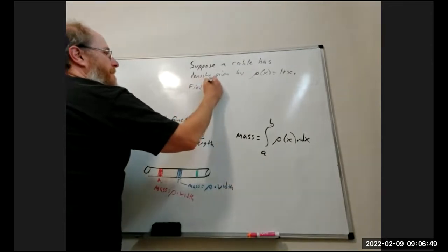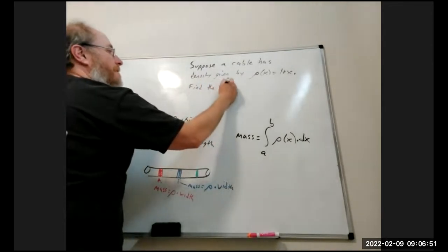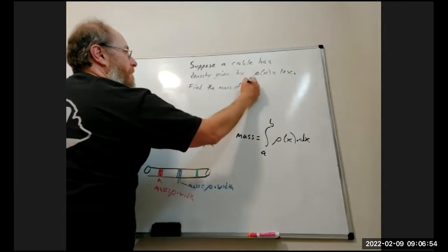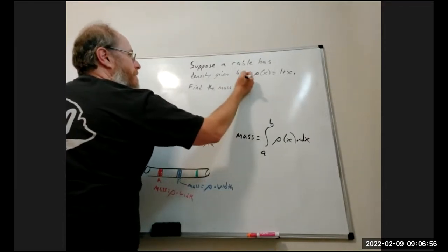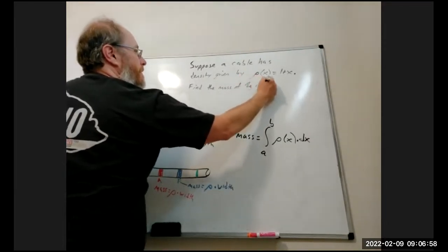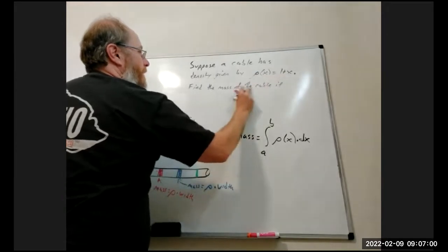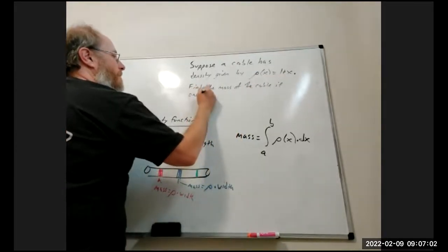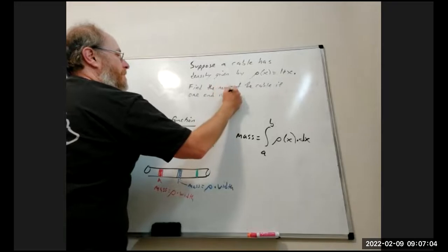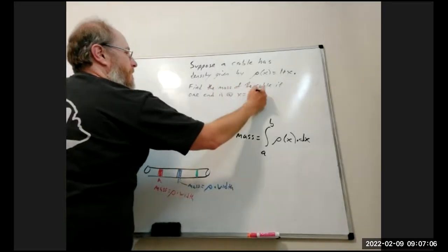So then find the mass of the cable if one end is at 2 and the other end is at 4.